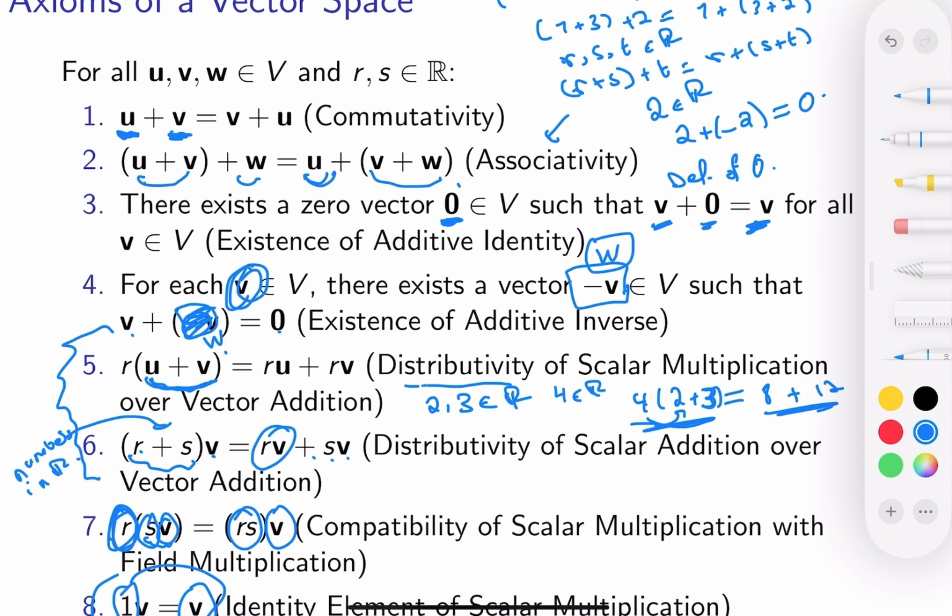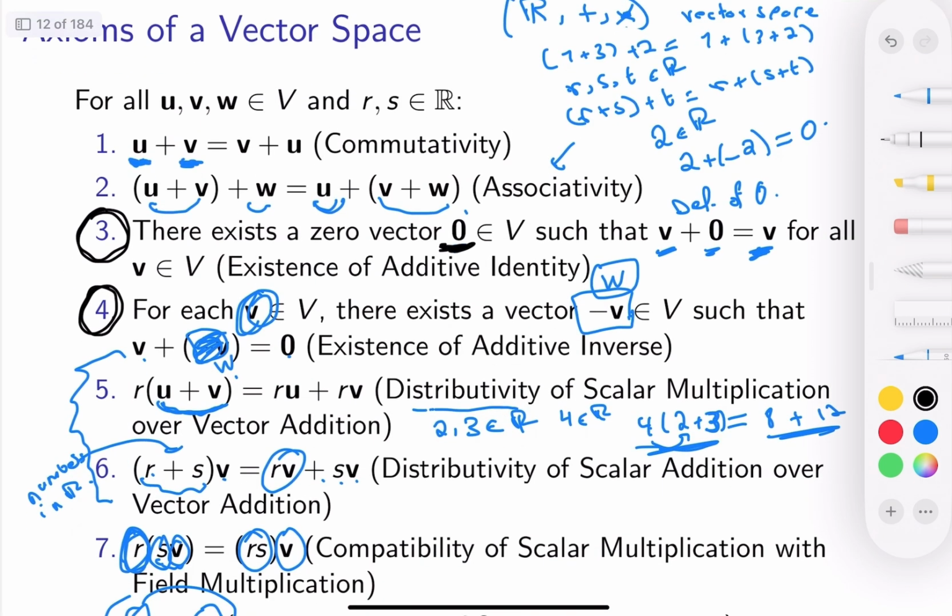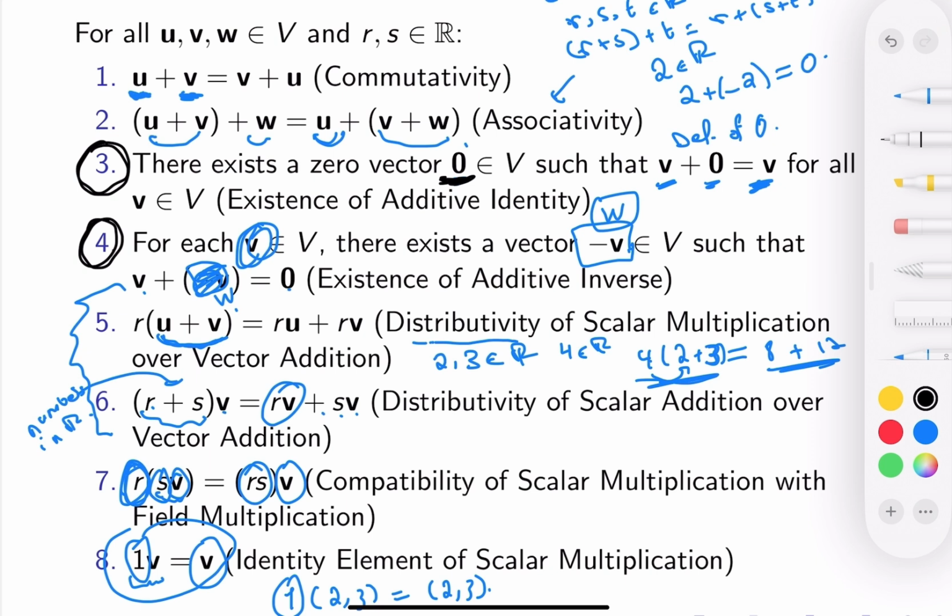These are the third property, the existence of a zero element in the vector space, and the inverse property, which is property 4. These are the two most important axioms, because these are usually what makes a candidate fail from being a vector space.